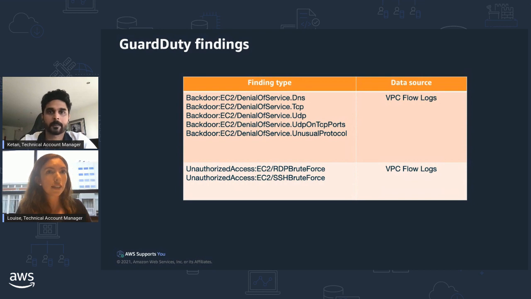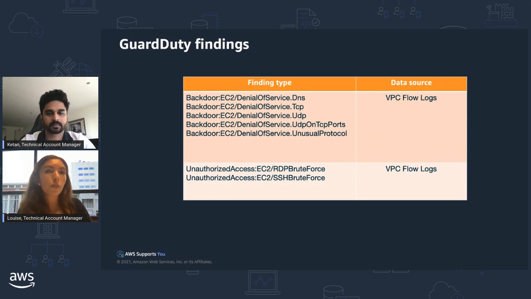So the first set of them is denial of service findings, and these are all found from the VPC flow logs as the data source. Just for example, the first one here, the resource is EC2 and the resource type is an instance.